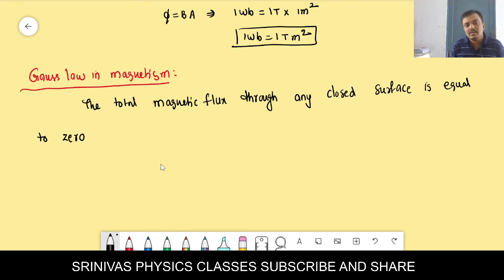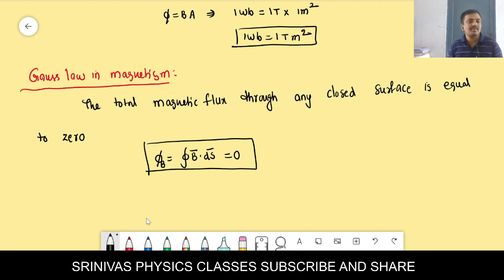Very simple it is. The total magnetic flux, phi suffix B, is integration B bar dot dS bar. This is always equal to 0. This is the Gauss law in magnetism.